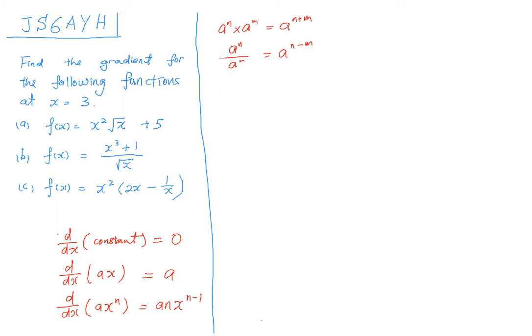If I have A plus B divided by C, I can make it into two fractions in this way. So all these in red are the skills that you have to remember. If I have A times B plus C, I can expand.